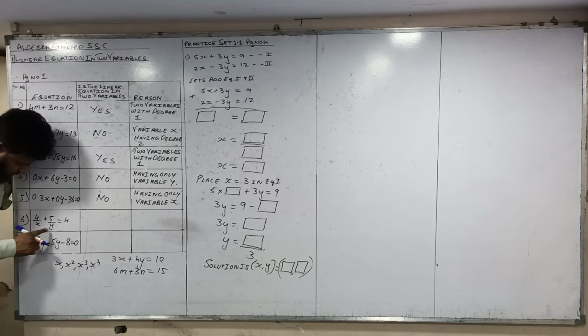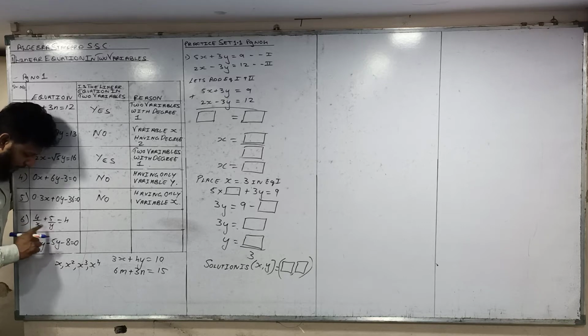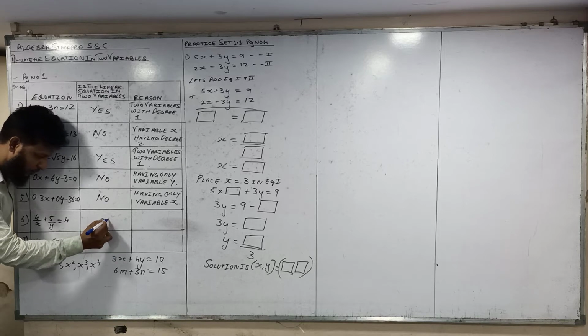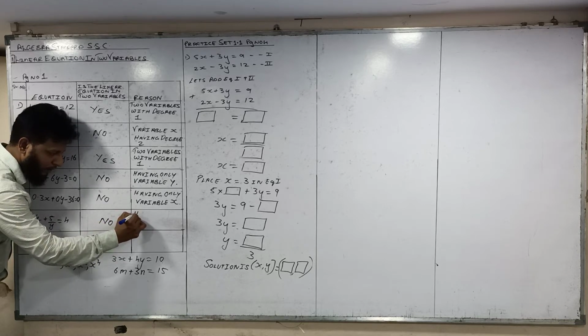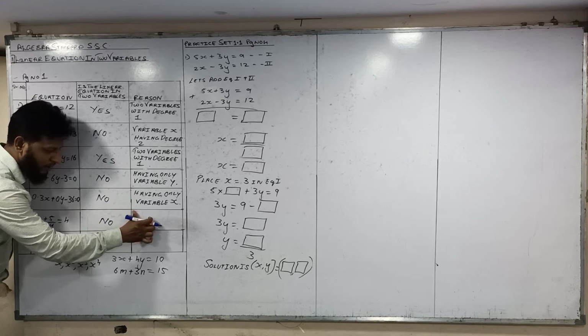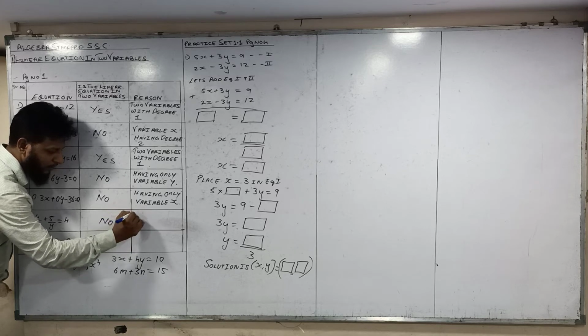In this, x and y are in denominators, so that means they have degree in negative, minus. So this is also no. The variables have degree minus 1.